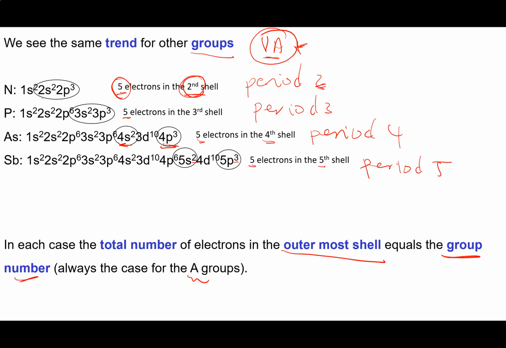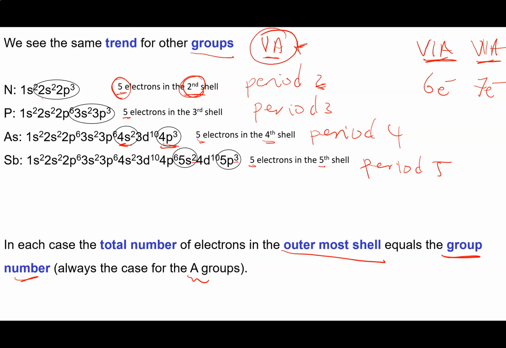So if I was to go over to the oxygen group, group 6A, I would expect them to all have an outermost shell with 6 electrons in it. If I go over to 7A, I would expect the outermost shell to have 7 electrons in it, and so on and so forth, right? So it becomes really easy from the periodic table to identify the number of outer electrons.